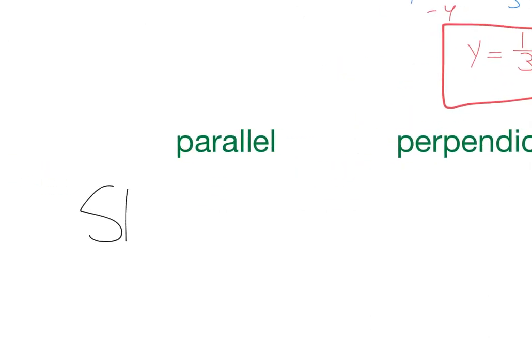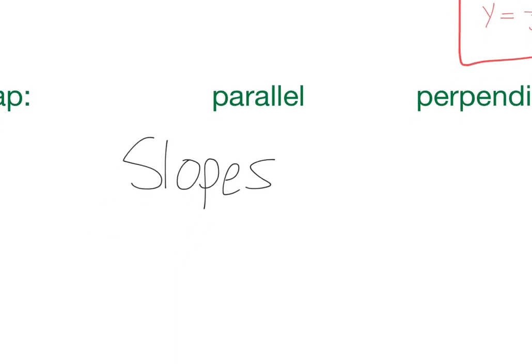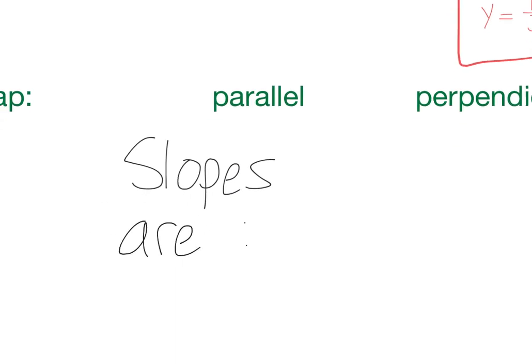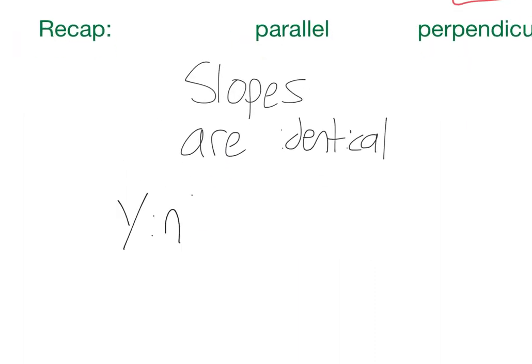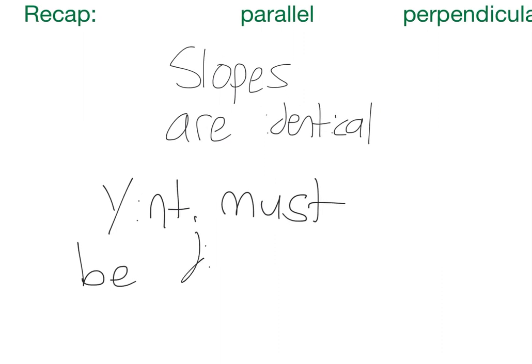Parallel slopes are identical. Y-intercepts must be different.